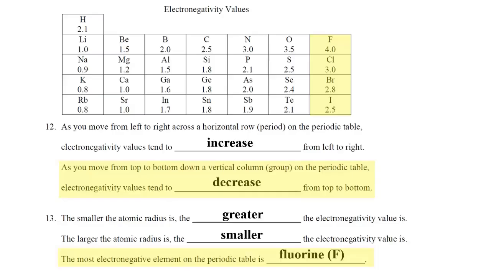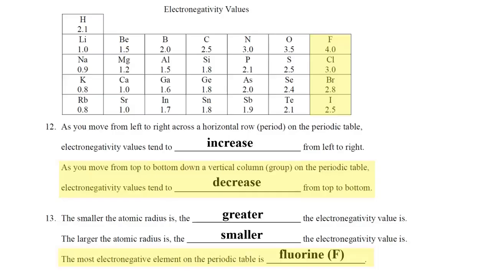And you can see the halogens, fluorine, chlorine, bromine, and iodine, are highlighted there on that section of the periodic table. And fluorine is the most electronegative element on the periodic table. So looking at that trend, you can see that chlorine is more electronegative than iodine.